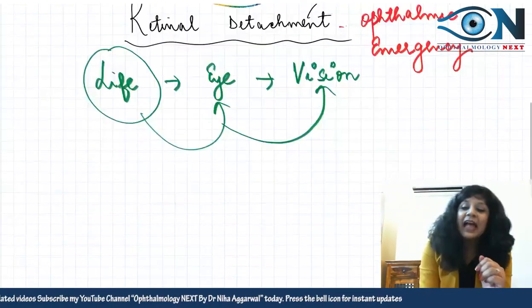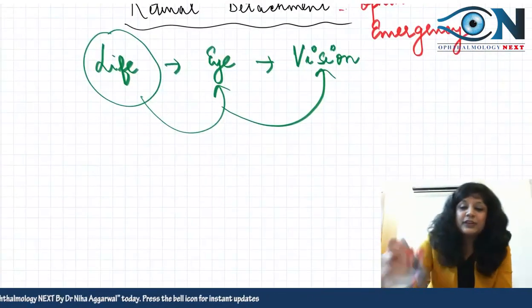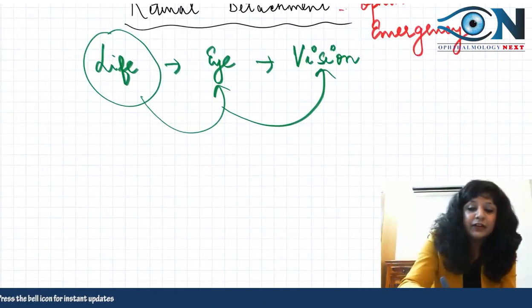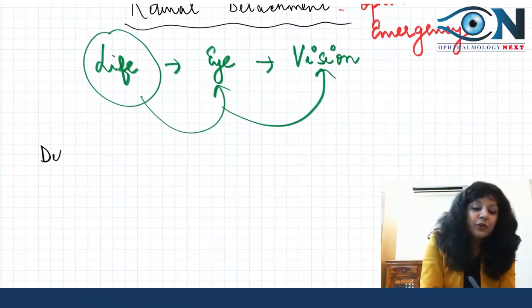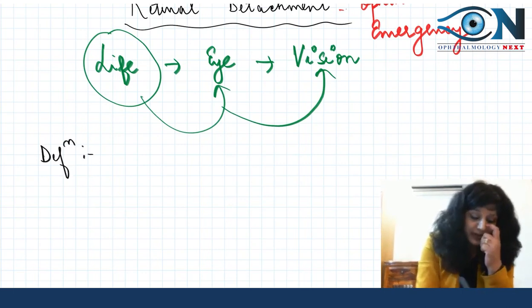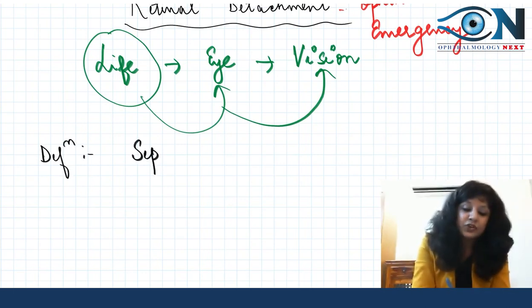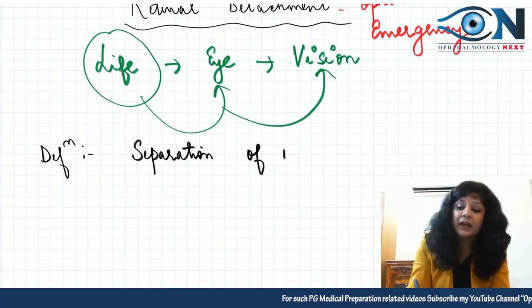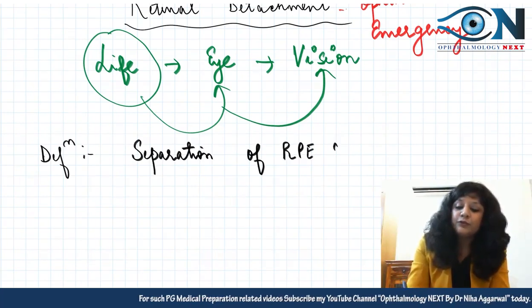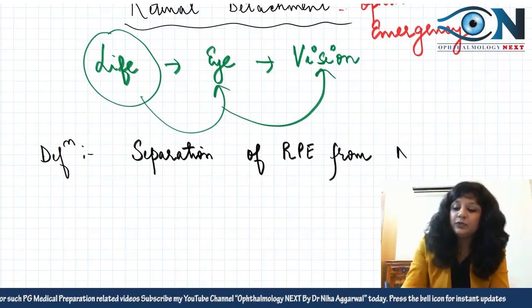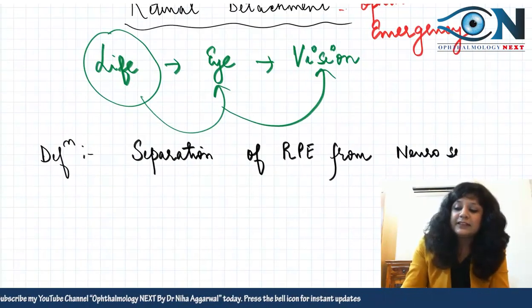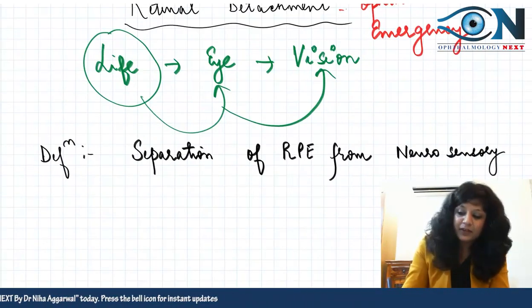Now, why is it actually a misnomer? Let us see the definition of retinal detachment. If you look at the definition, it is actually a separation of the RPE layer from the neurosensory retina, right?